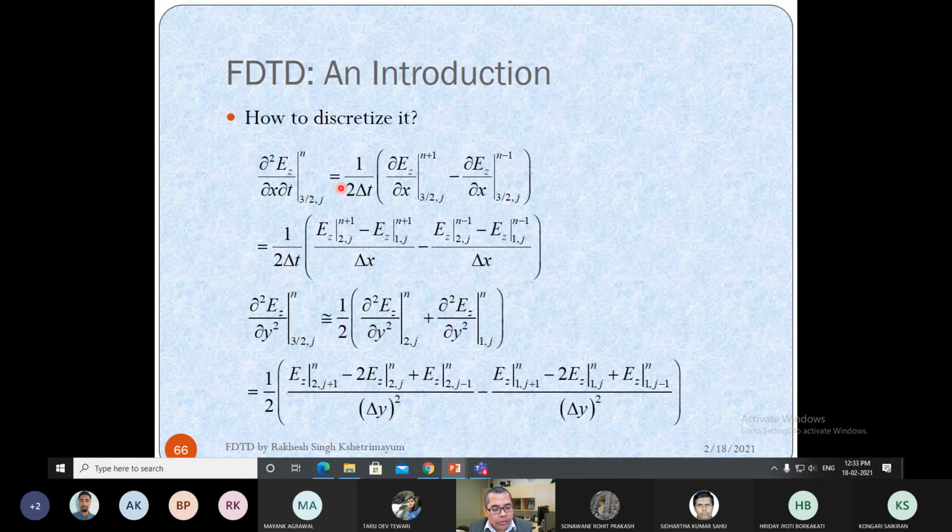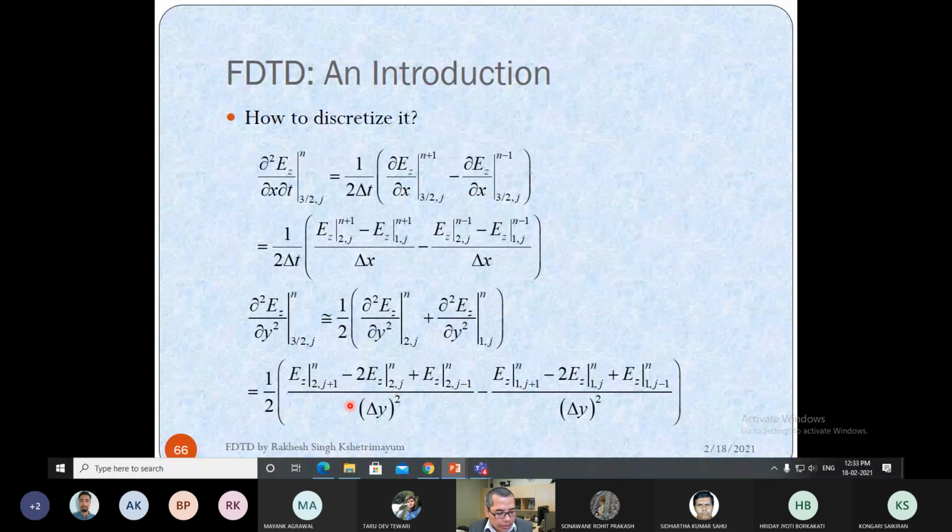That's why we have done it for time also over n plus 1 and n minus 1, because it's over 2 time intervals. When you do the partial derivative with respect to y, a double differentiation, you have to do it over 2 intervals, j plus 1, j and j minus 1. That's why I have done the time derivative over the 2 intervals.